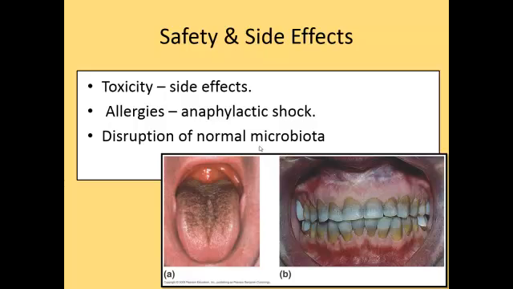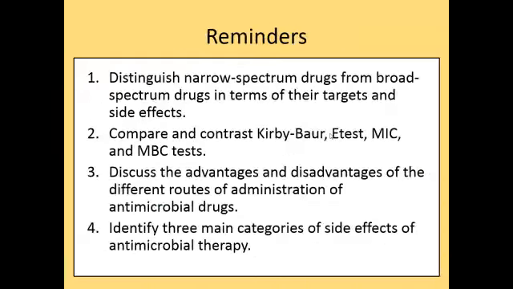So what do we do about the disruption of normal microbiota? Well, we try to use narrow-spectrum drugs as much as possible. Also, there's been a huge upswing in the administration of probiotics. Administer healthful, friendly bacteria.